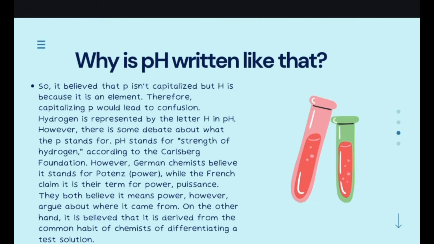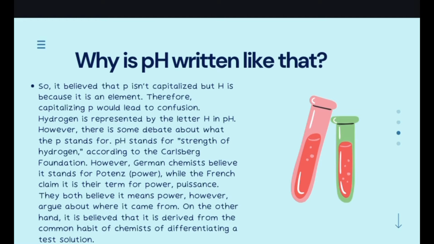Then why do we have pH written like that? We have P, which is lowercase, and then H, which is capitalized. Why is it written like that? There are a lot of beliefs about this because it's not confirmed, but it is believed that P isn't capitalized but H is, because H is an element.